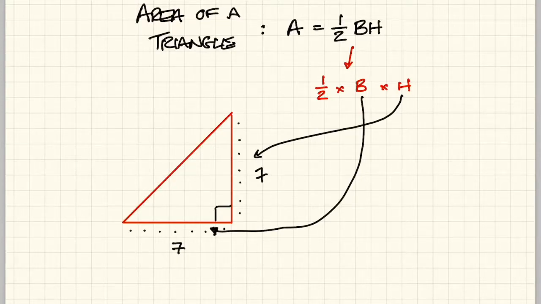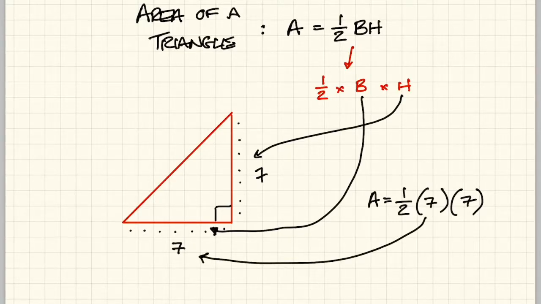We have our base and height identified, and if we were to build an equation, area equals 1/2 times 7 times 7, because there is my base and my height. Let me explain the 1/2.